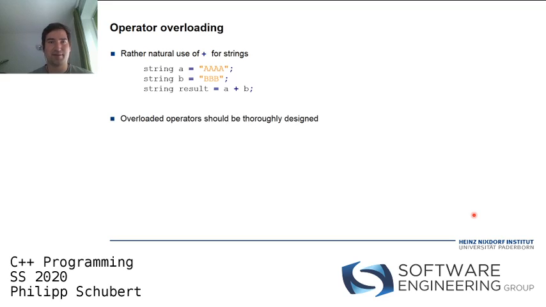One should be careful though. Overloaded operators should be thoroughly designed. Why is that? Because they should behave as expected. Why is that? Because an operator has no real name. I mean, an operator is just a symbol, really, for the most part. And if you implement a function, you can give that function a meaningful name, right?